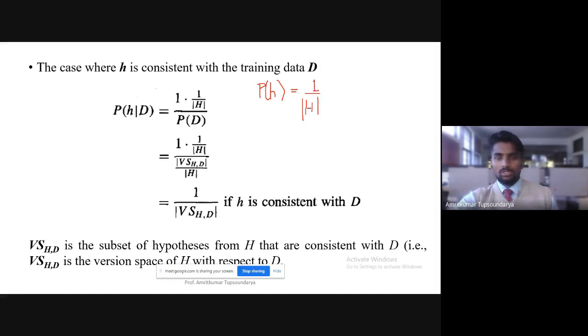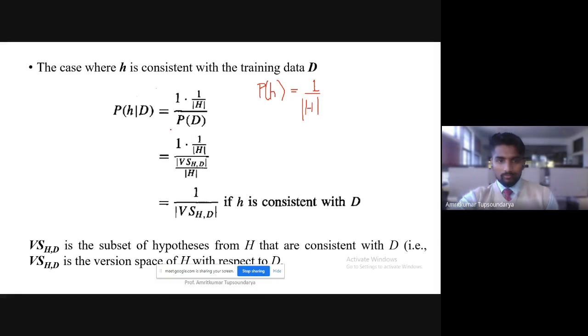because of the assumptions, the definition that we have formed for P of H, the formula for P of H is 1 divided by the absolute value of the hypothesis space H, right? So that is replaced with the value in the formula here.